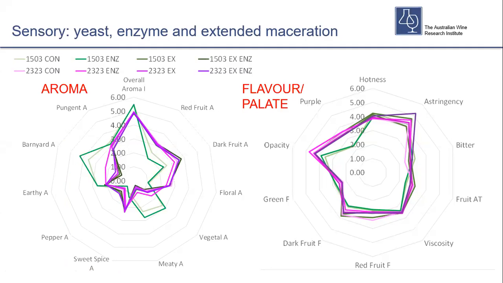Last bit of work that I referred to from the UC Davis study, where they did the differences in cap temperature and then also extended the maceration. So in this case, we don't have data on times of warming or how long at different temperatures one performed that maceration.